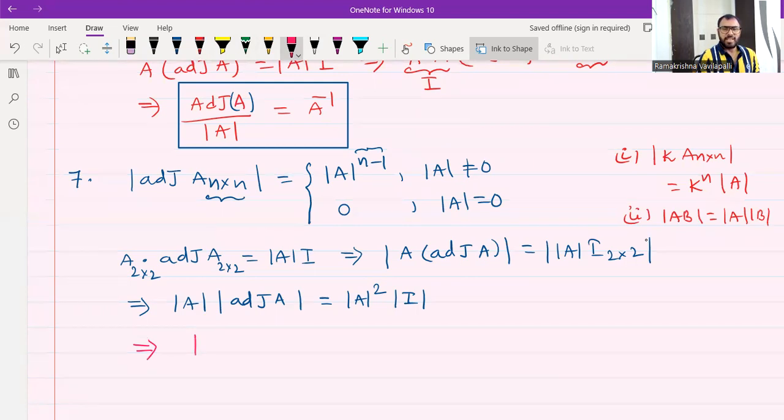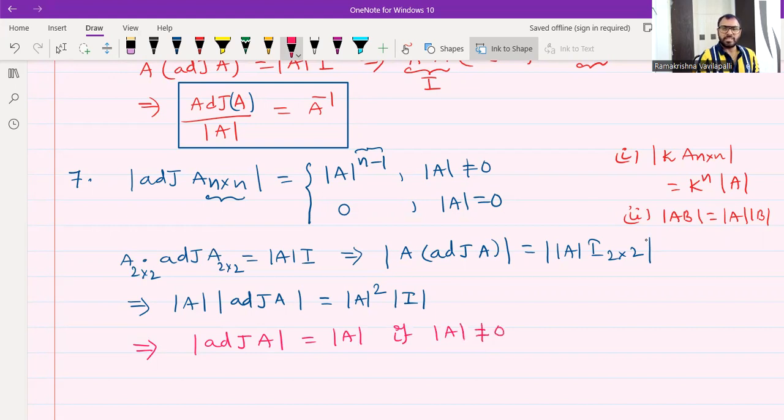So this implies determinant of adjoint of A equal to det A, if det A not equal to 0.